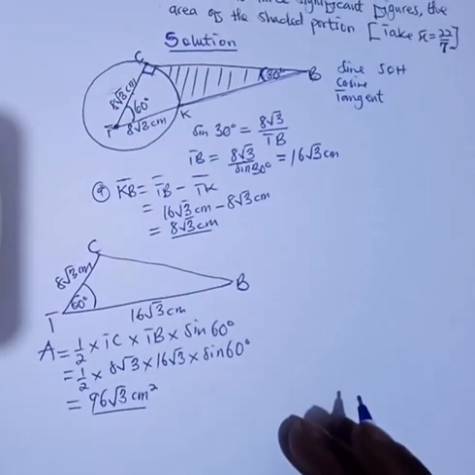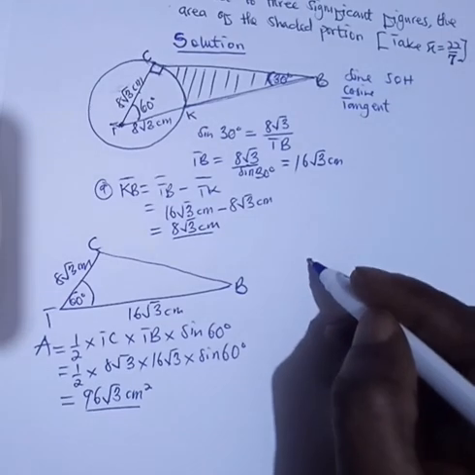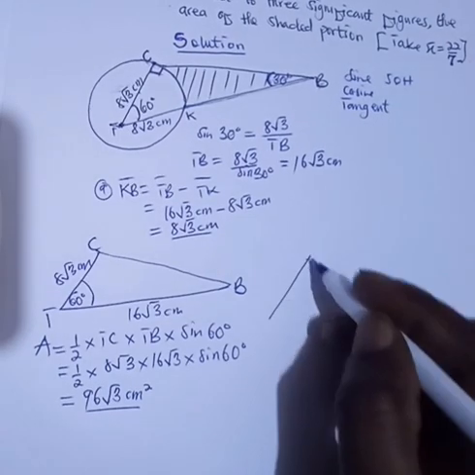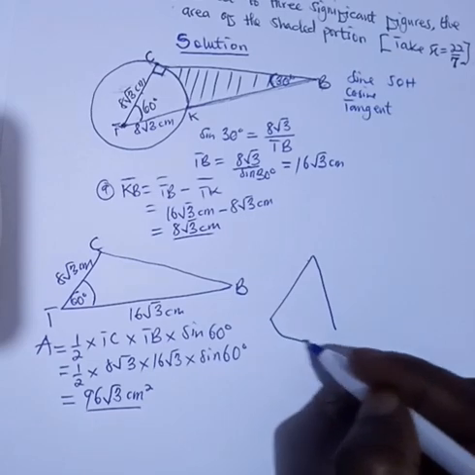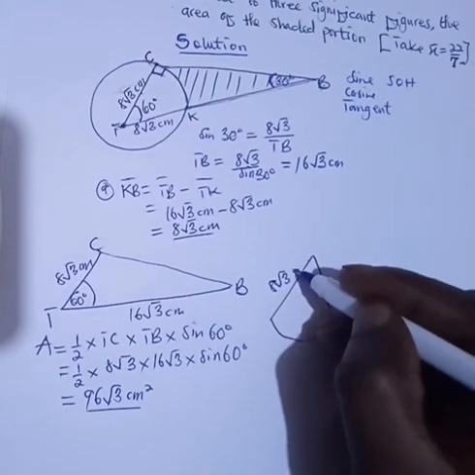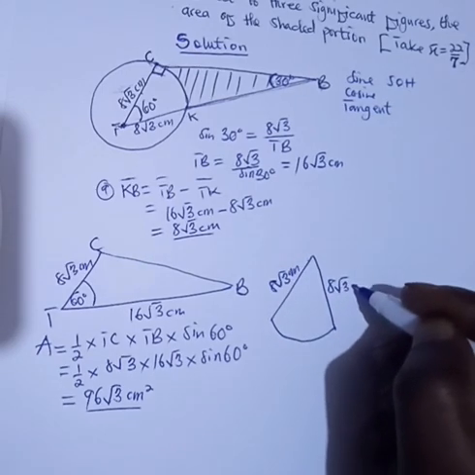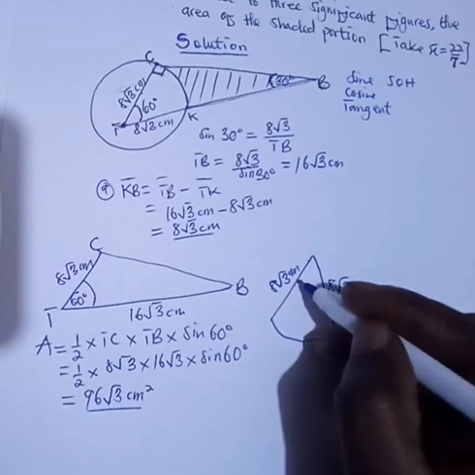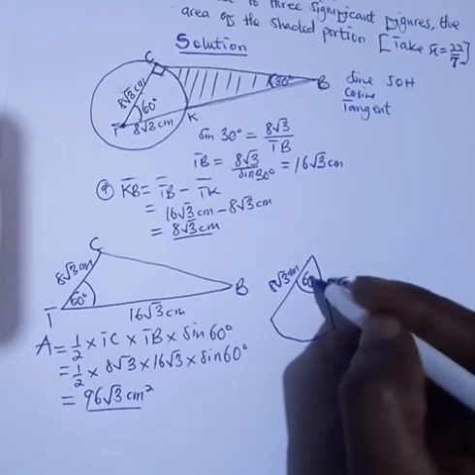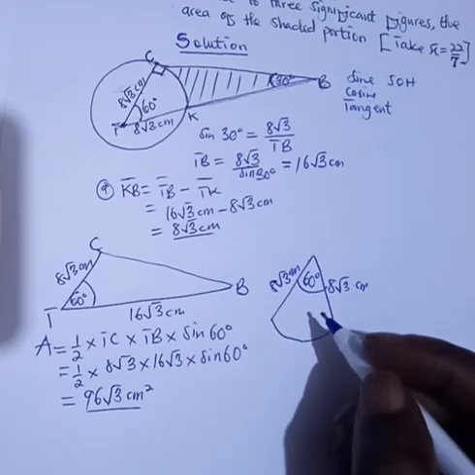Now let's also look at how we can find the area of the sector. So let's draw our sector. So this is our sector. We have here 8 root 3 centimeters and 8 root 3 centimeters, and then we have this angle here which is 60 degrees. So I know you remember how to find area of a sector.